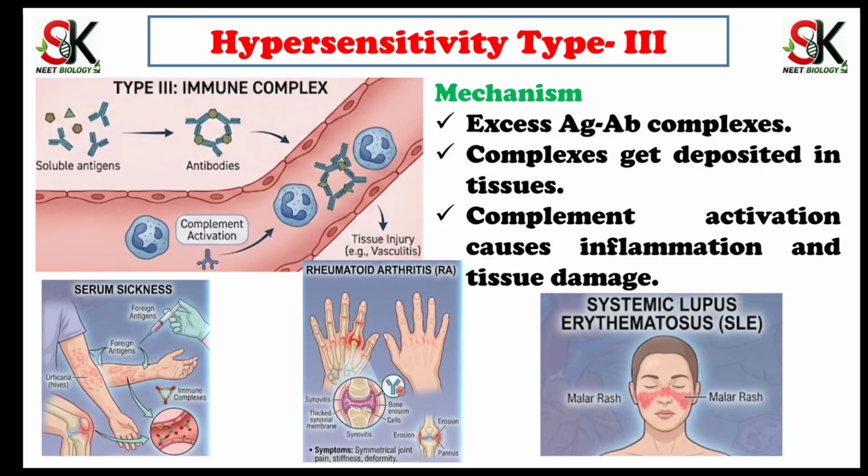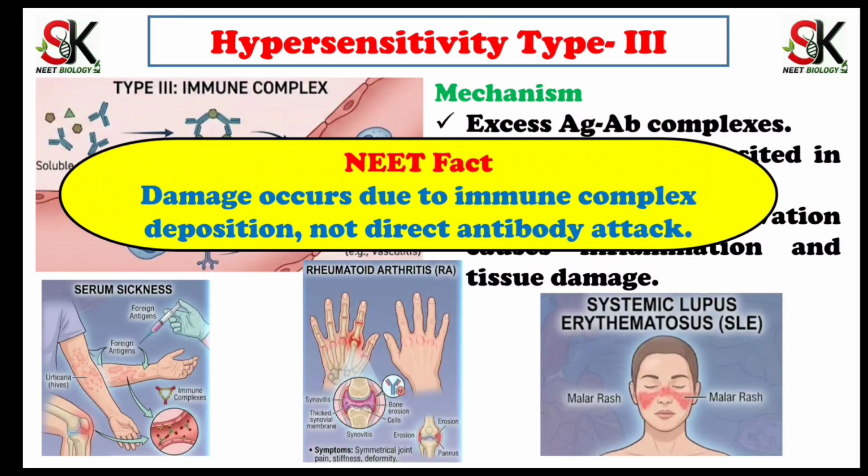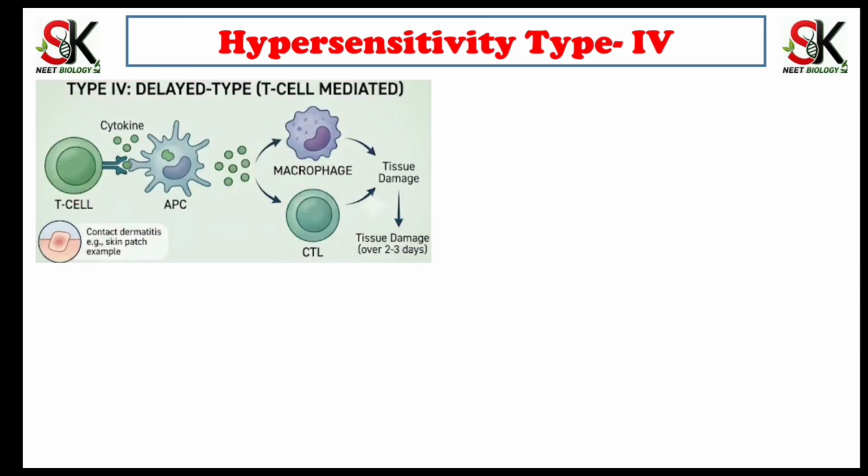Examples of hypersensitivity type 3 are serum sickness, rheumatoid arthritis, also called RA, and systemic lupus erythematosus, SLE. The important NEET point for type 3 hypersensitivity is that damage occurs due to immune complex deposition, not direct antibody attack.